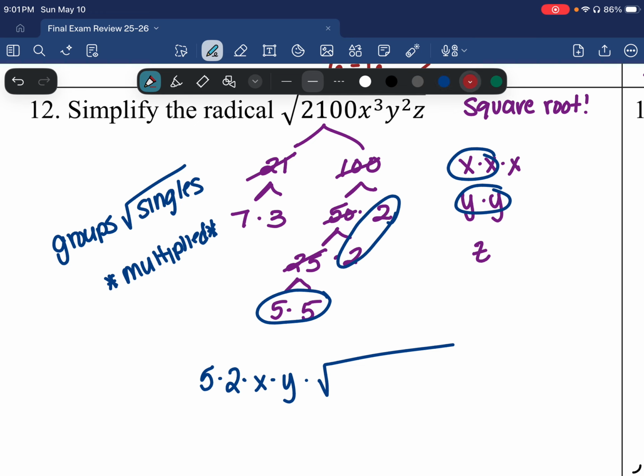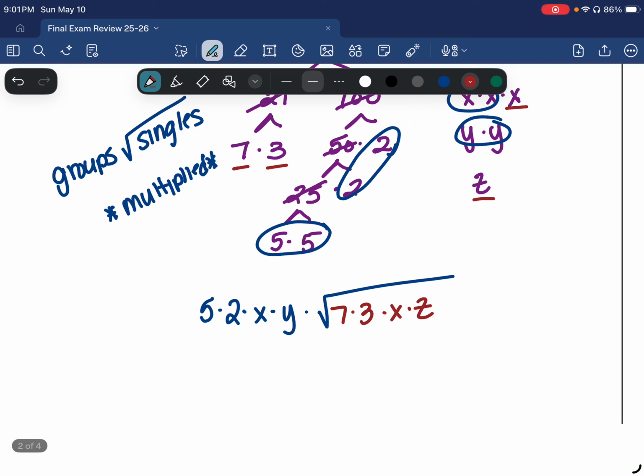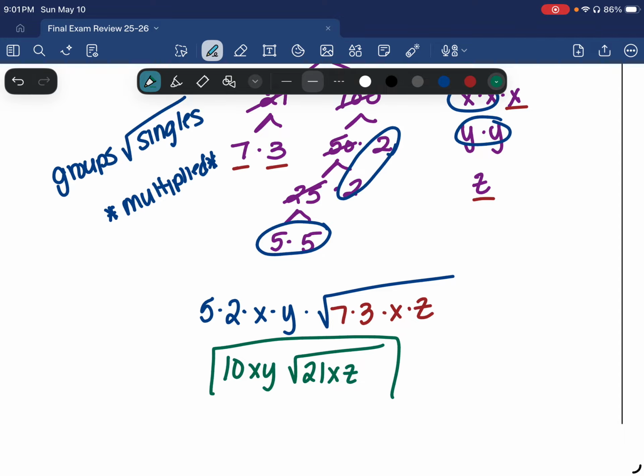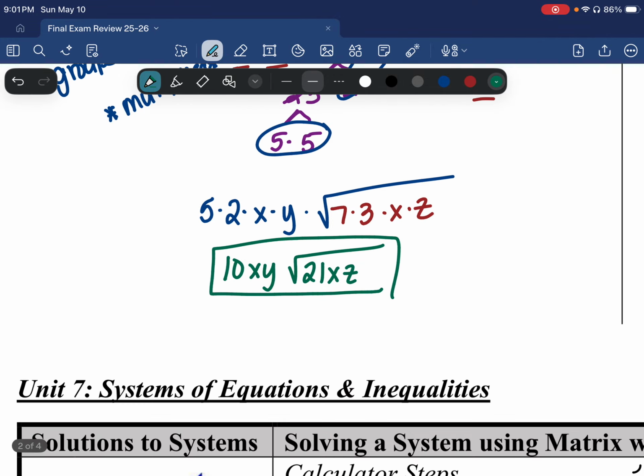We have 7 as a single times 3 as a single, x and z. Now that everything is in the correct location, we're going to simplify. 5 times 2 makes 10, x times y, square root, 7 times 3 is 21, xz. So our simplified radical is 10xy times the square root of 21xz.